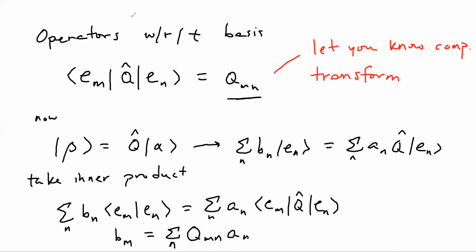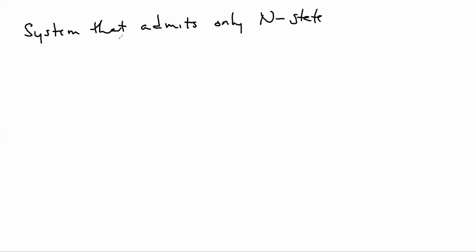Okay, so when we have systems that admit only n states, let's go back to black. When we have systems that admit only n states, we would call that system a finite system, right? A finite number of states.